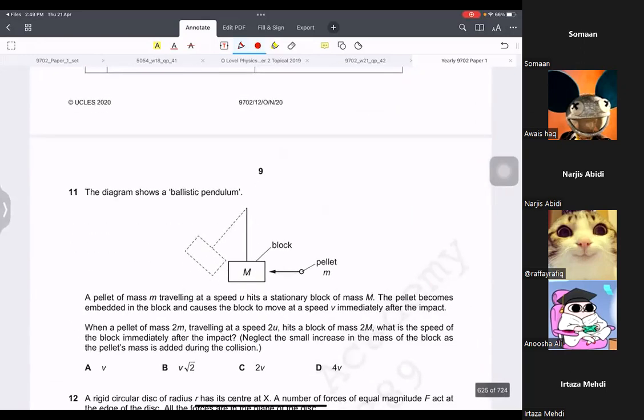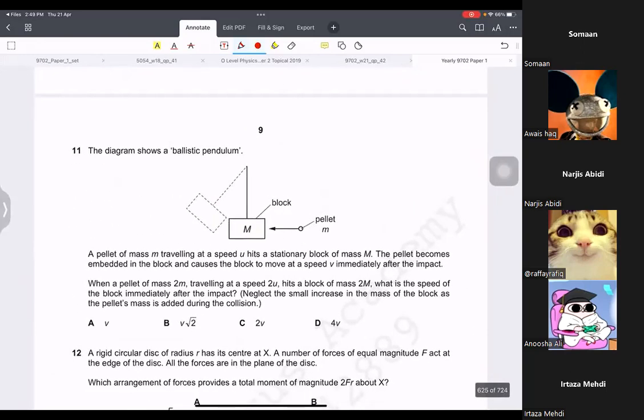Now, a pellet of mass m hits the stationary block. The pellet gets embedded and causes the block to move. Fine. Neglect the small increase in the mass of the block when the pellet mass is added.